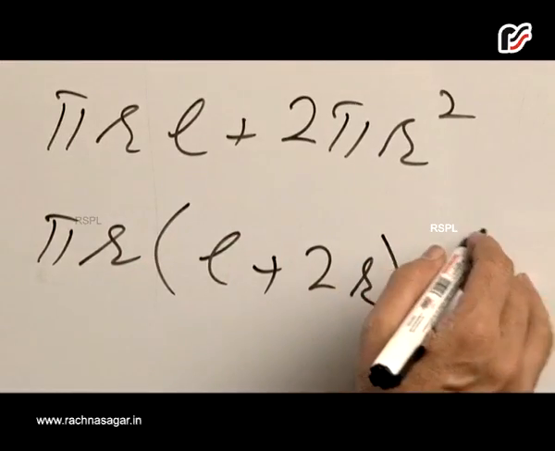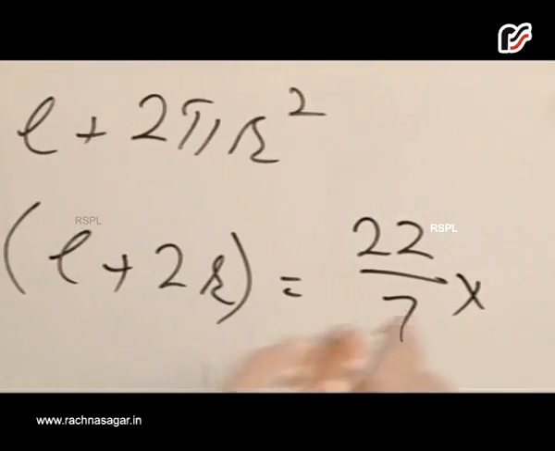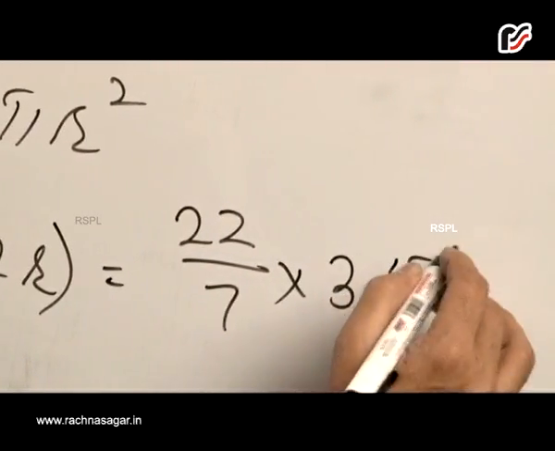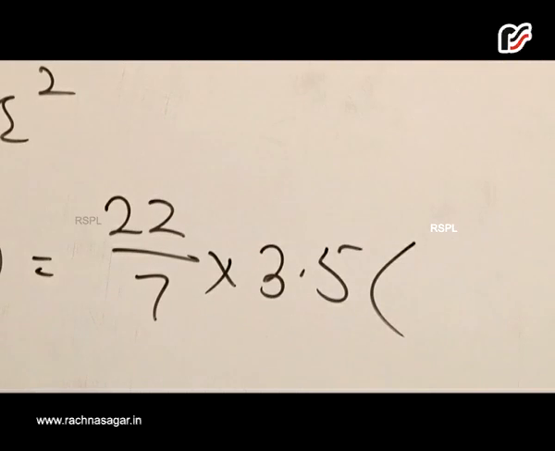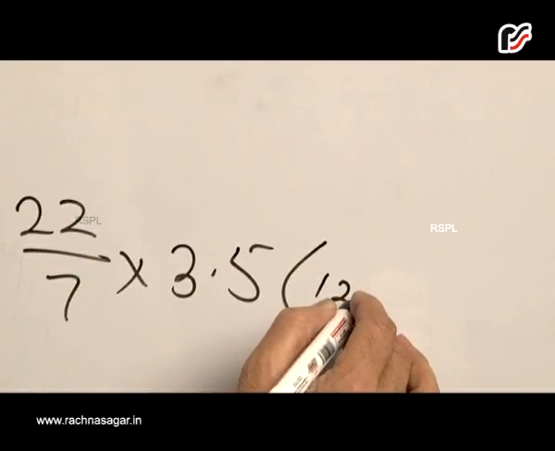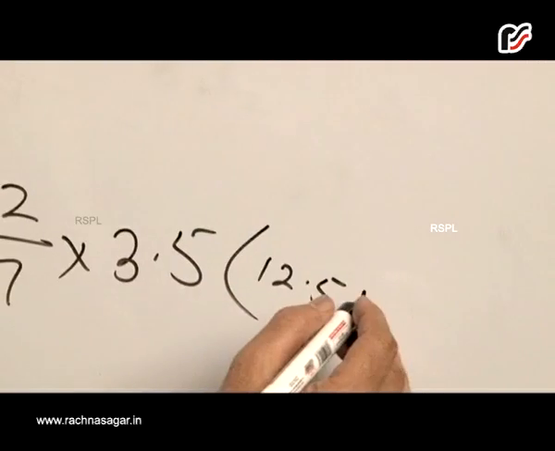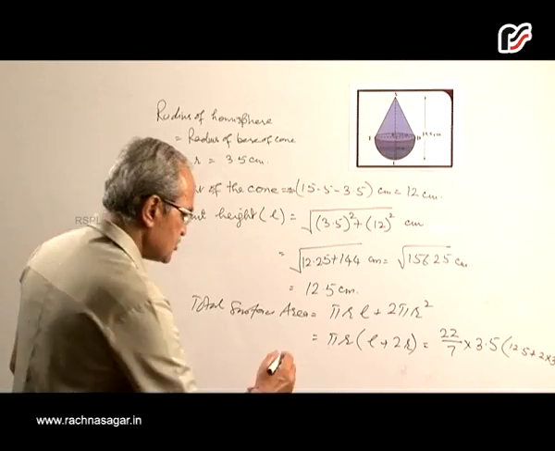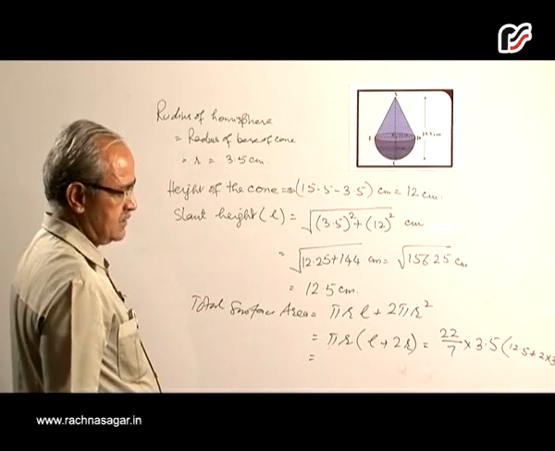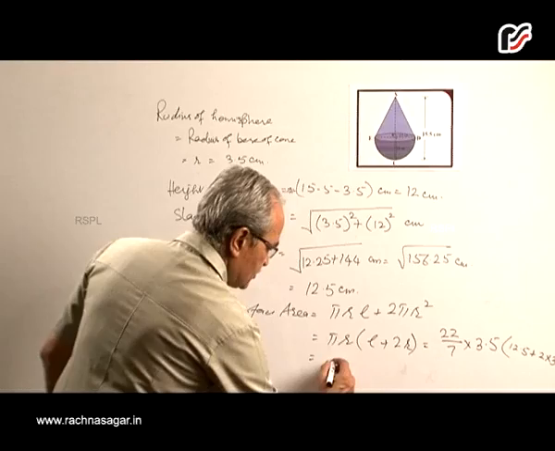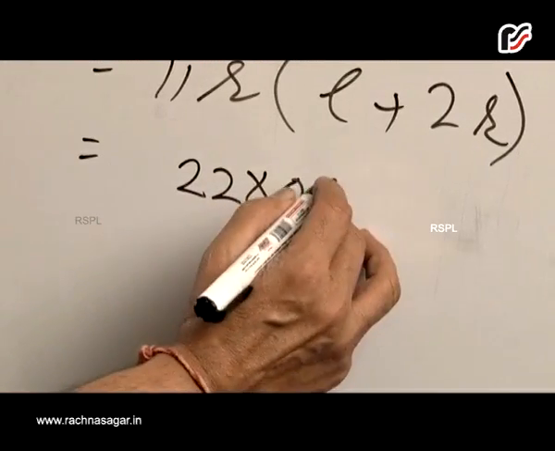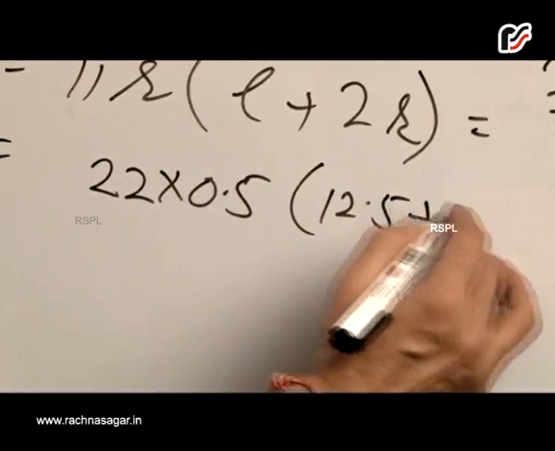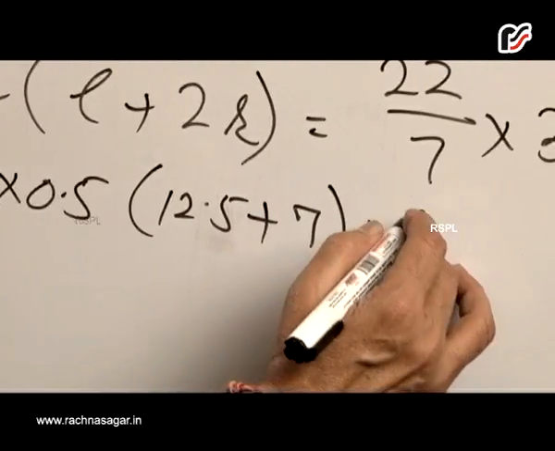We put the values, 22 by 7, R is 3.5 into L is 12.5 plus 2R is 2 into 3.5. So this equals, we cut it out, 22 into 0.5 into 12.5 plus 7 centimeter square.